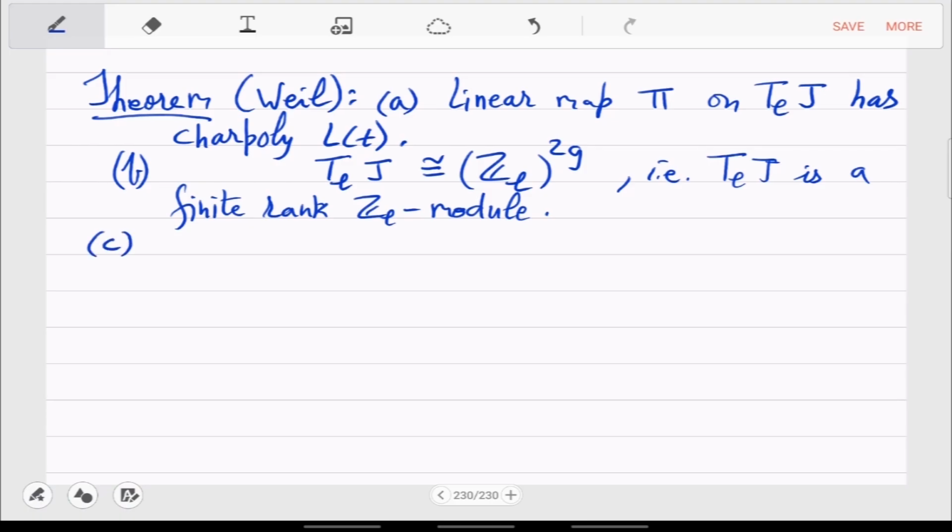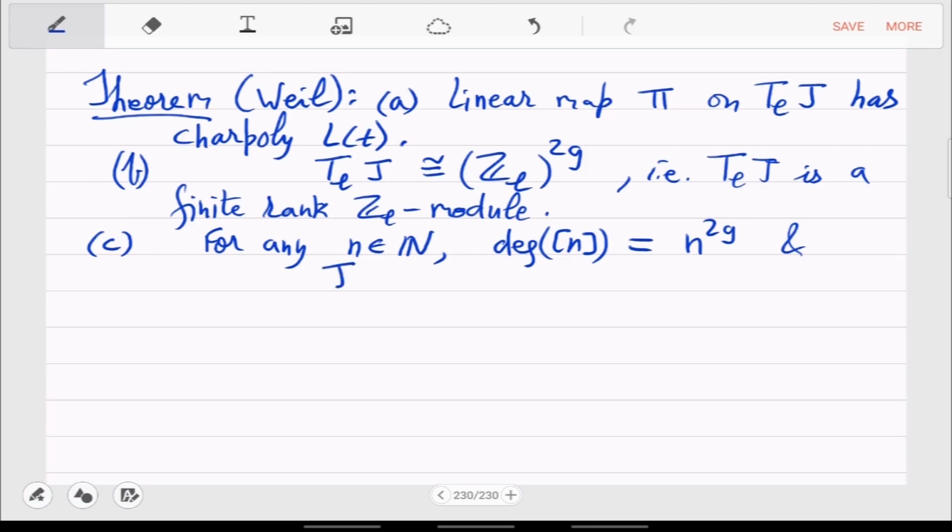And third is for any n, the degree of n now gets calculated with the same proof as B. So it comes out to be n to the 2g. And so if you look at the n torsion points, that structure is Z mod n to the 2g.